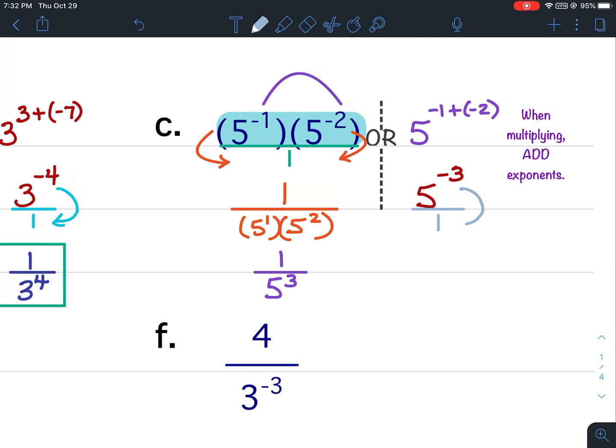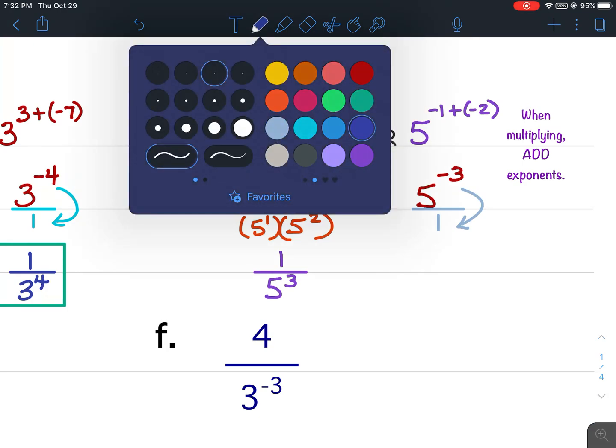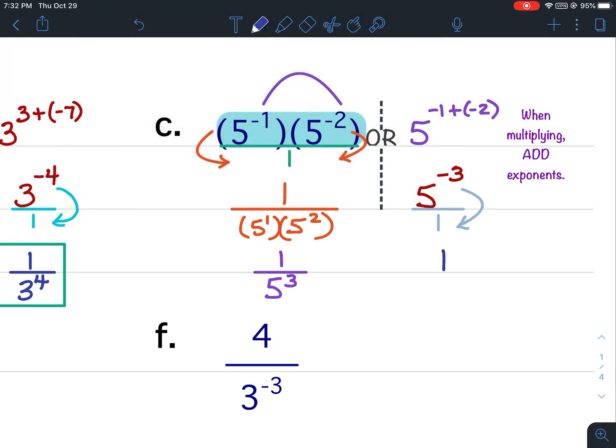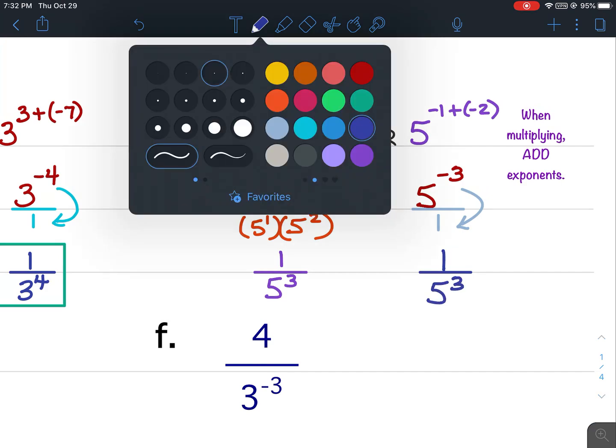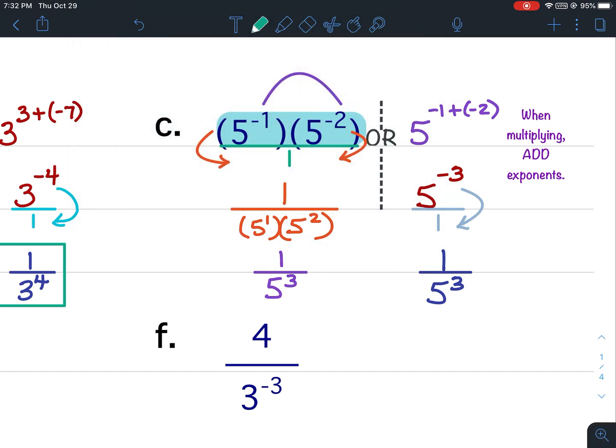So I'm going to move that to the denominator. So this would be 1 over 5 to the third. 5 to the third is 125, so my final answer is 1 over 125.